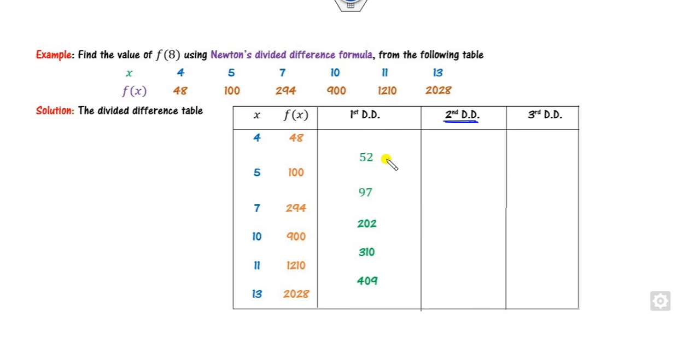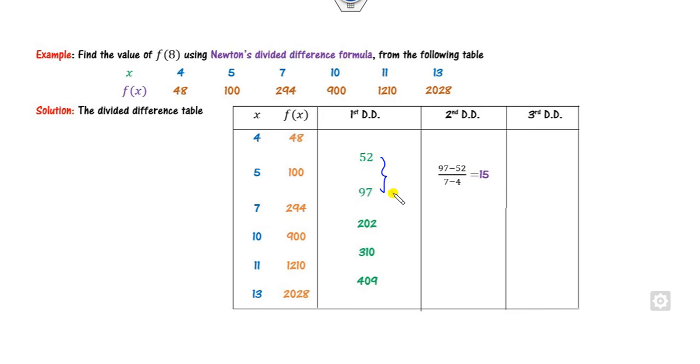Now for the second divided difference, again we can use 97 minus 52 divided by the difference. Now it's a second difference, so we can start with x0, x2, which are 7 and 4. After the calculation you will get 50. Now you can write this number in between them.